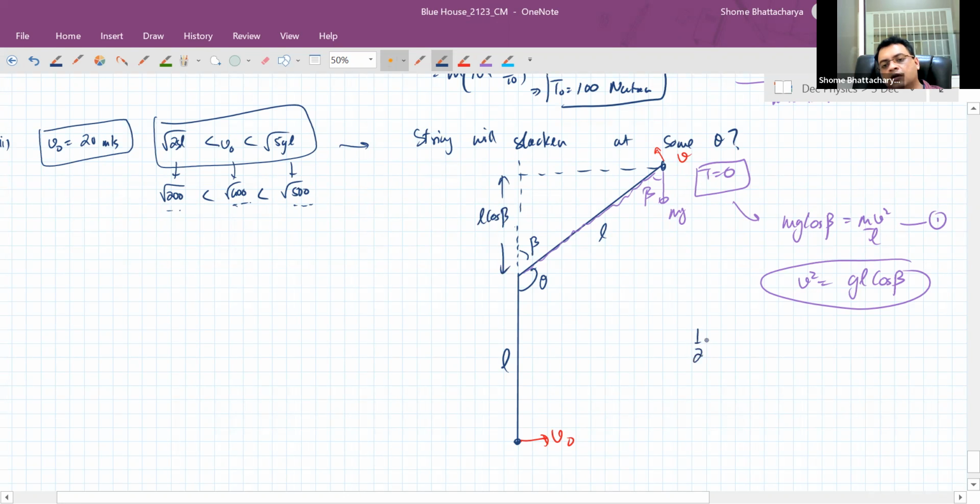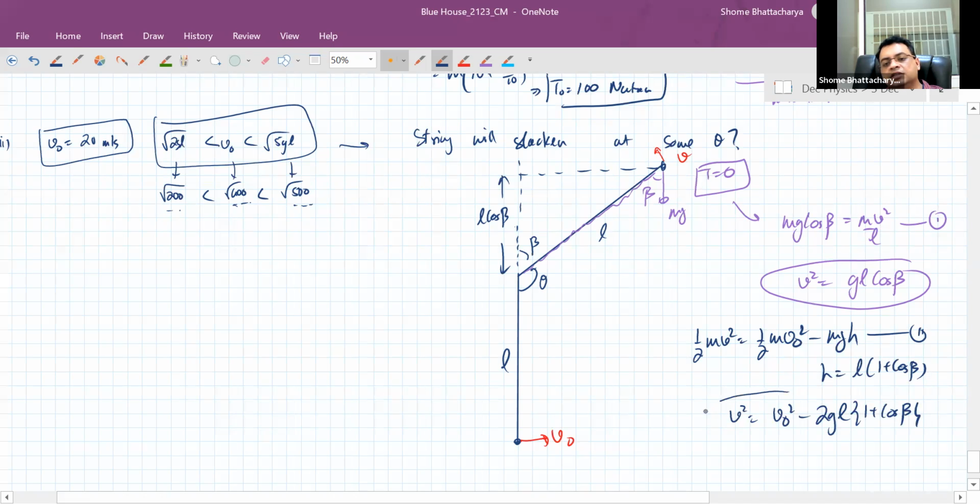So half mv square is equal to half mv naught square minus mgh, where h will be equal to L into 1 plus cos beta. So from this, v square is equal to v naught square minus 2gl into 1 plus cos beta. So this is our second equation.